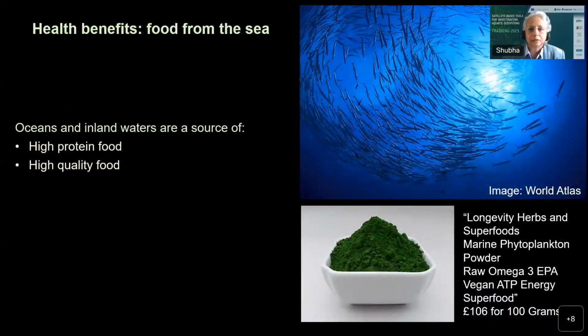But the other health benefit from the sea is related to food. We know that we can derive high quality, high protein food from the sea, mainly as fish and seafood.